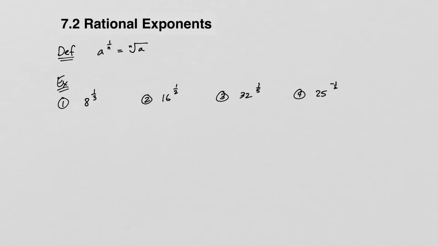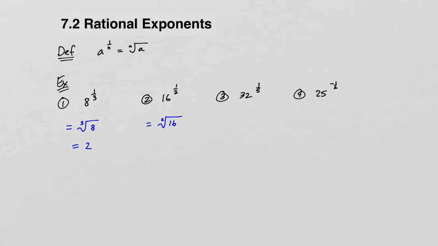So the denominator of the fraction here is the index of the radical. For example, if we are trying to simplify 8 to the 1/3 power, this is by definition equal to the cube root of 8. And of course, we know the cube root of 8 is 2. In the second problem, we have 16 to the 1/2 power. 16 to the 1/2 power is the second root of 16.